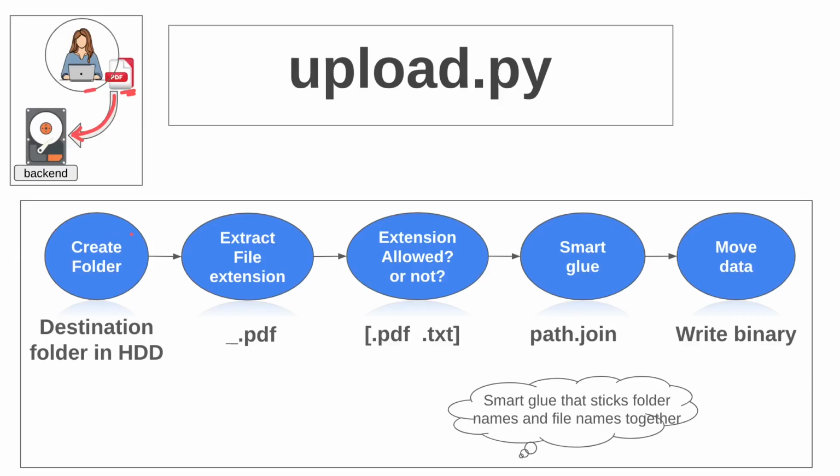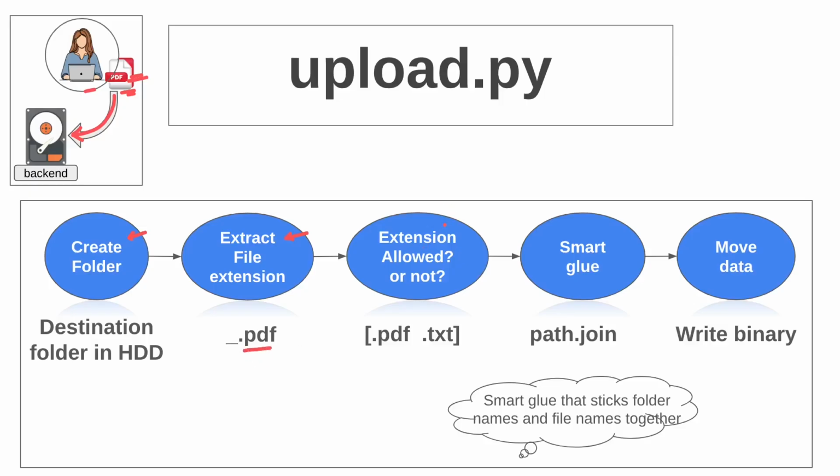Then we have to create the destination folder if it does not exist, or if it exists, then we can skip this. Then we have to extract the file extension of the file we want to upload. Here this is the PDF.